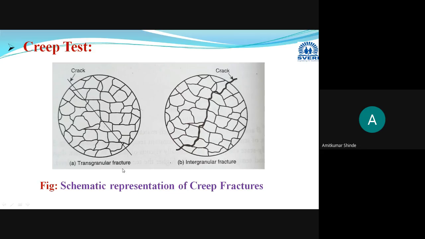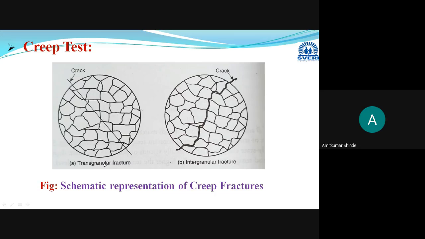That's why, when the temperature is less than the equicohesive temperature, the fracture forms through the grains, that is, transgranular fracture. And whenever the temperature is higher than the equicohesive temperature, the fracture will form along the grain boundaries, where the grains are stronger. That type of fracture is termed intergranular fracture.